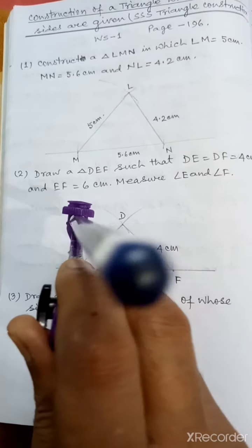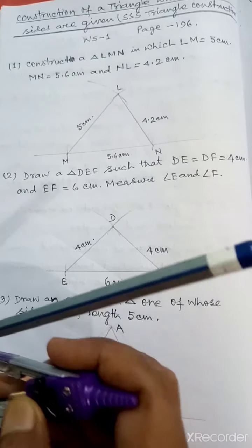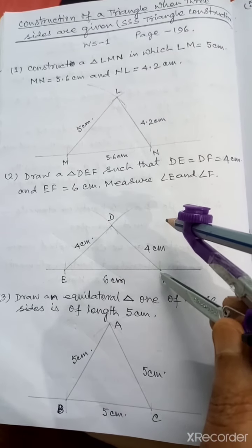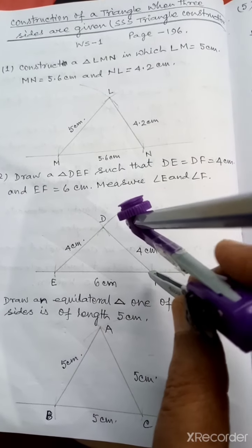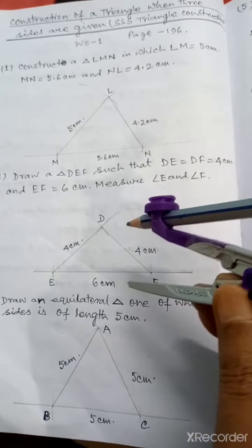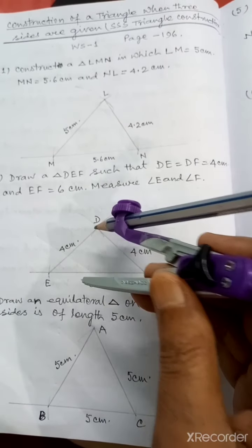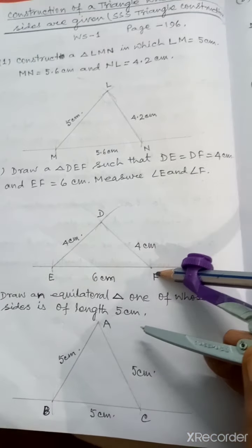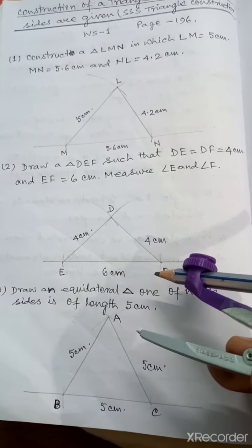With E as a center and ED equal to 4 centimeter, draw an arc. With F as a center, draw an arc FD equal to 4 centimeter. They intersect the previous arc at a point D. Join DE and DF.